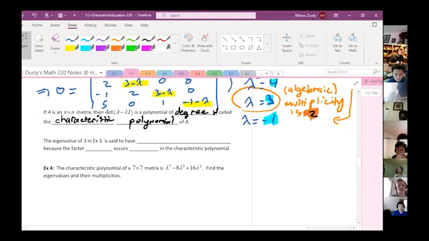So the eigenvalue of 3 in the previous example is said to have algebraic multiplicity 2, just like we talked about.